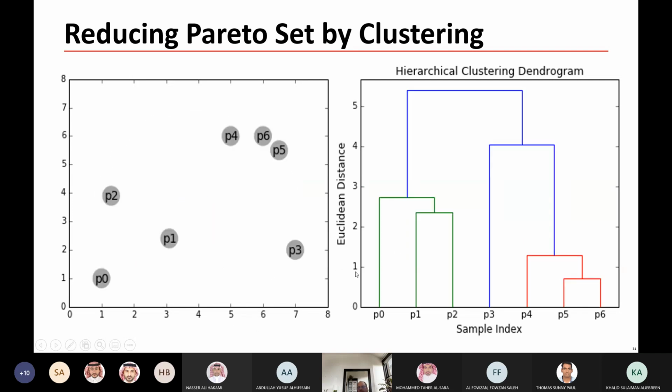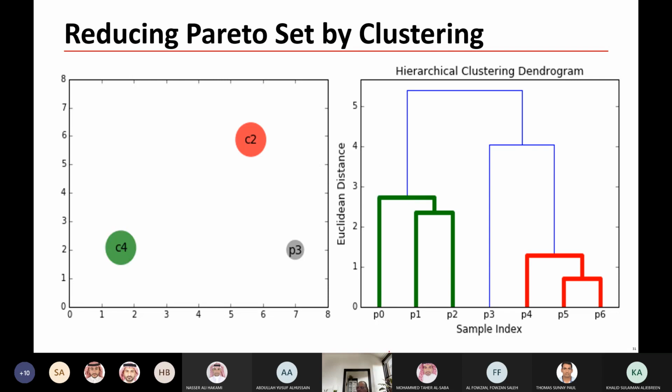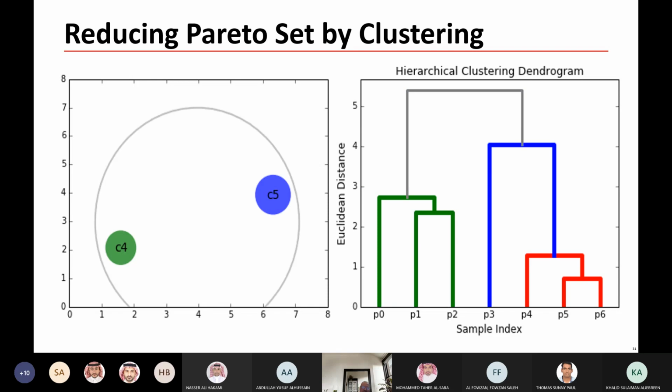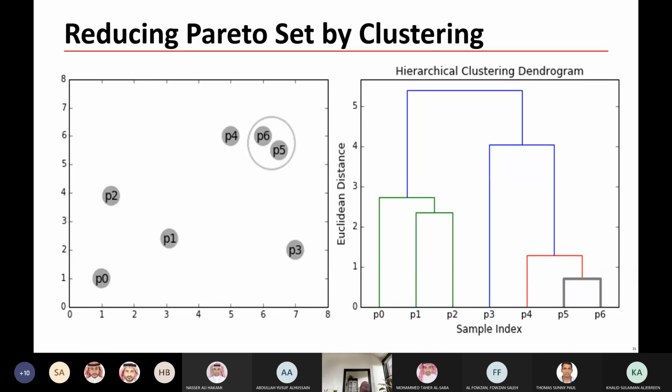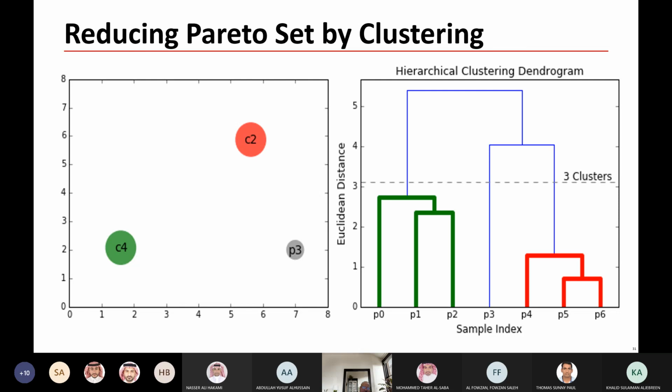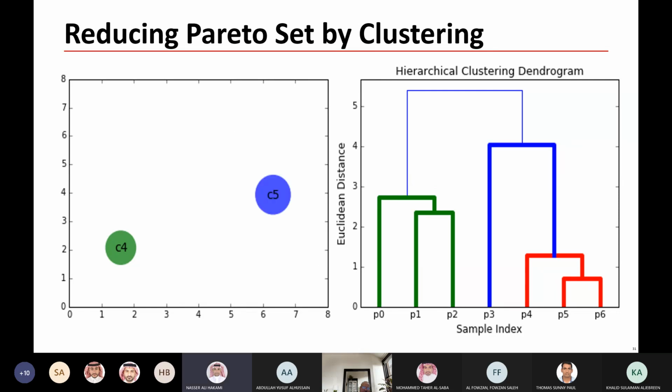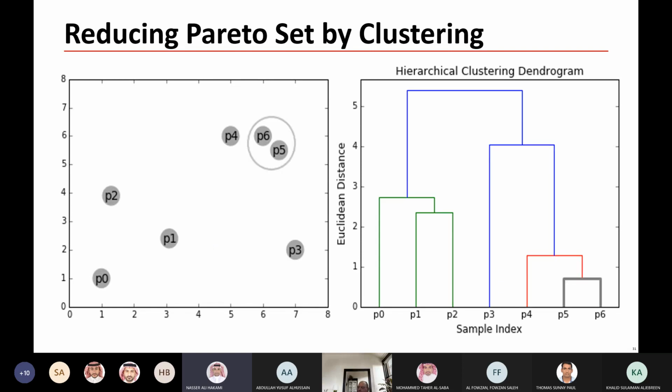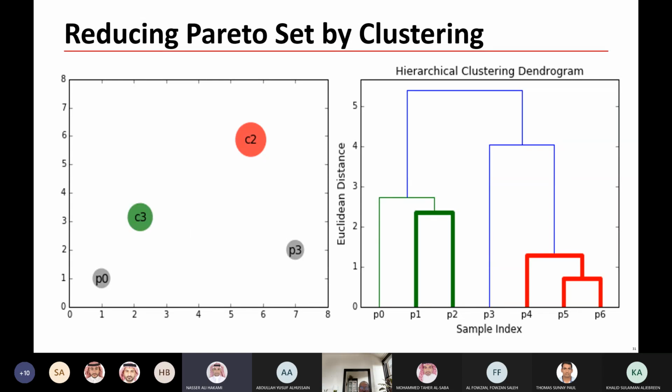But there is a major difference between this clustering technique that you show here and what we are discussing. What is the difference? If you look at this and the one we discussed now, what is the difference? Non-dominated. What you were asking about before, Nasser, is that we take the average.